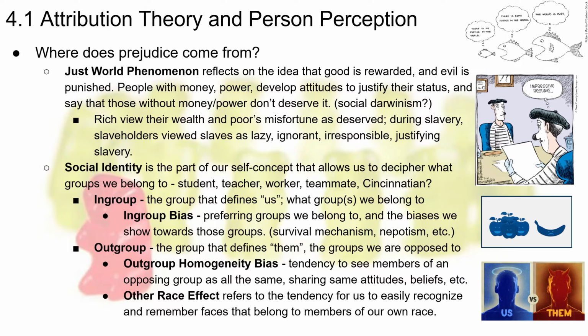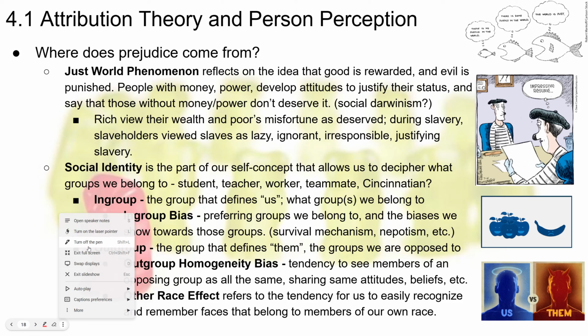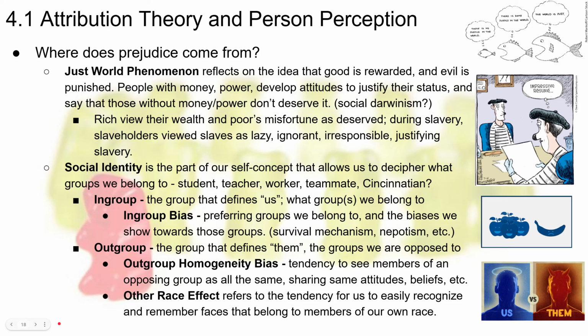Those are out-groups. So we're more likely to look at in-groups with a more positive lens, seeing how we are more alike and more similar because we're part of the same in-group. Our school versus Mason High School, for example: we are the in-group because we all have similar beliefs and similar identities.